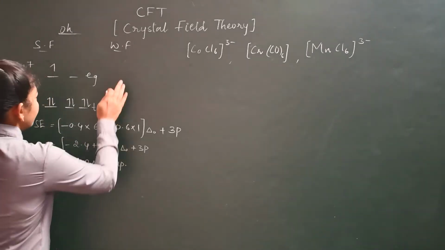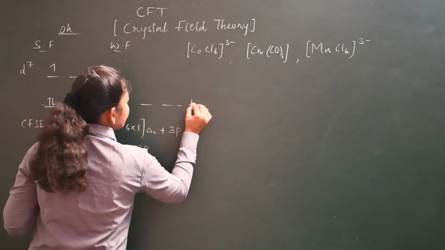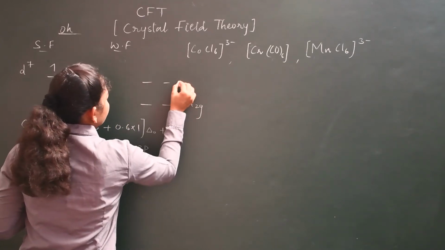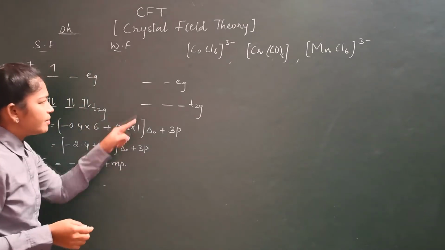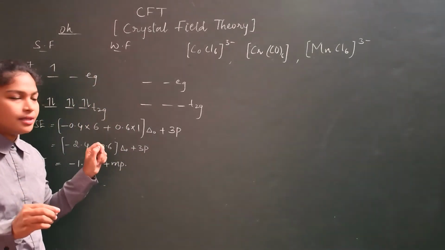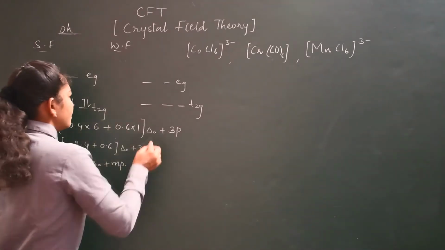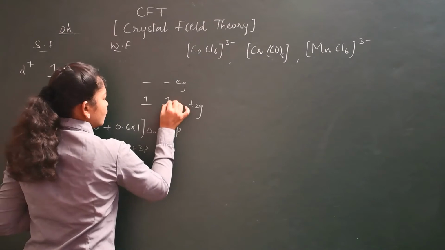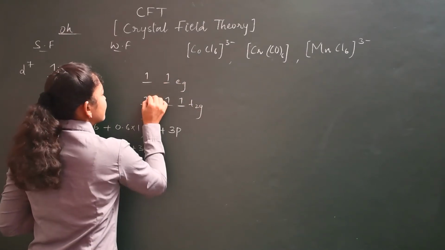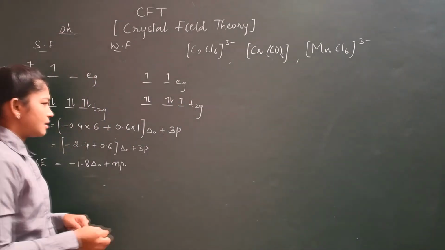See here, in the weak field we have 1, 2, 3 in T2G and then EG. The energy gap between these two will be less, so first it fills one electron in each orbital, then it gets paired up. So 1, 2, 3, 4, 5, 6, 7. This is how the system fills.